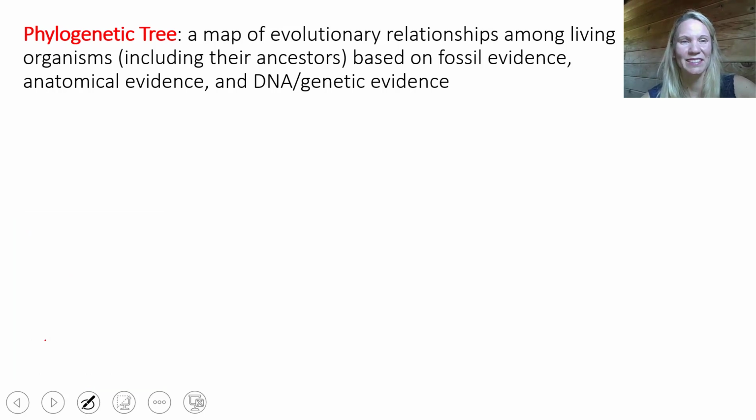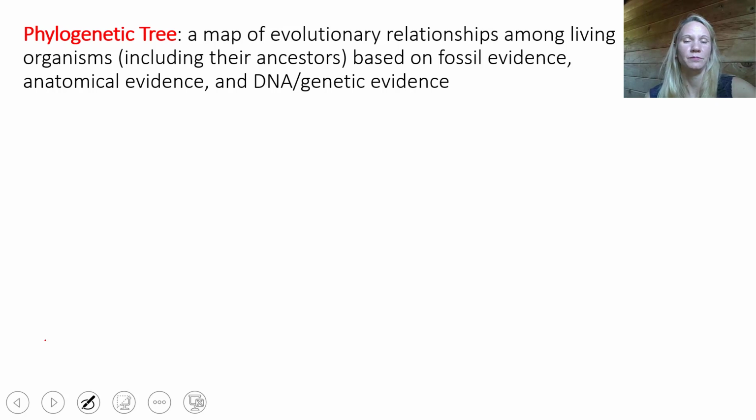Okay, so it is considered a tree. Now you can draw a phylogenetic tree either from the bottom of your paper up, just like a tree. The understanding is that a tree has roots that sort of anchor it, and then that tree grows in an upwards fashion where the leaves at the top of the tree are younger than the roots.